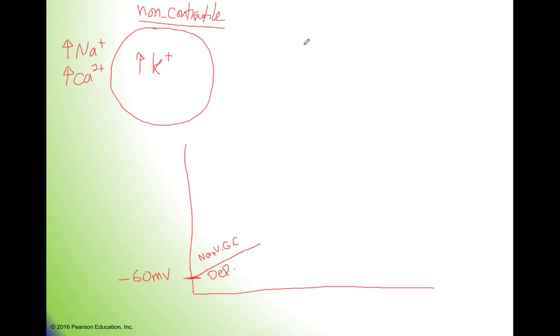Now, if you guys recall from your channels, we had a specific type of channels called voltage gated channels, which I shorthand to VGC. There are 3 different types of them.